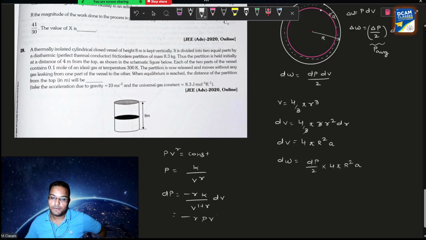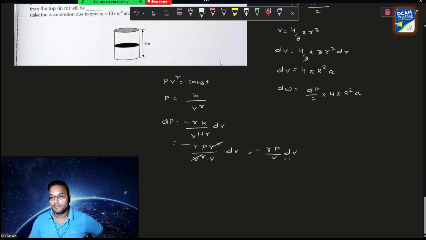K is again PV power gamma, so V power gamma will get cancelled, giving minus gamma P by V dV. We can write this relation actually.